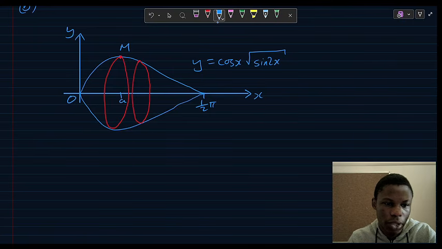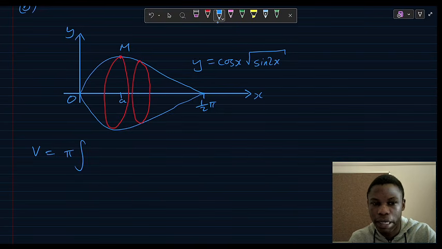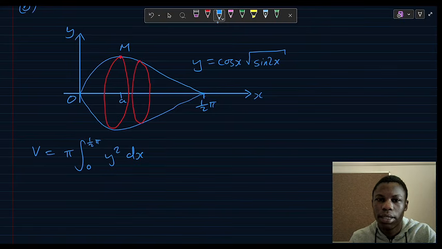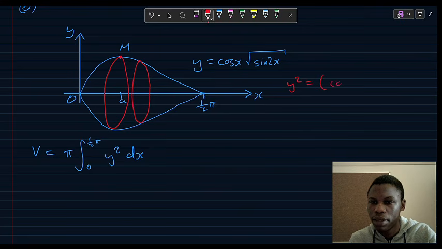All right, so volume of revolution, your formula is pi, the integral from, what are our limits, 0 and half pi. So 0 and half pi. And we are integrating. The formula says y squared dx. So we need to find an expression for y squared in terms of x. So if y is equal to this, what is y squared equal to? Y squared has to be cosine of x root sine 2x, whole squared.